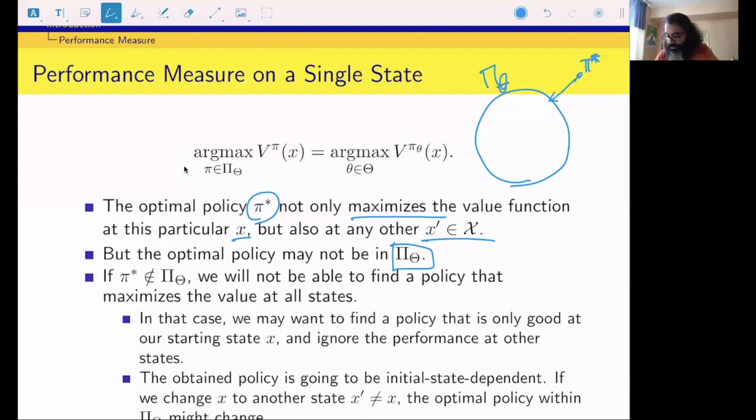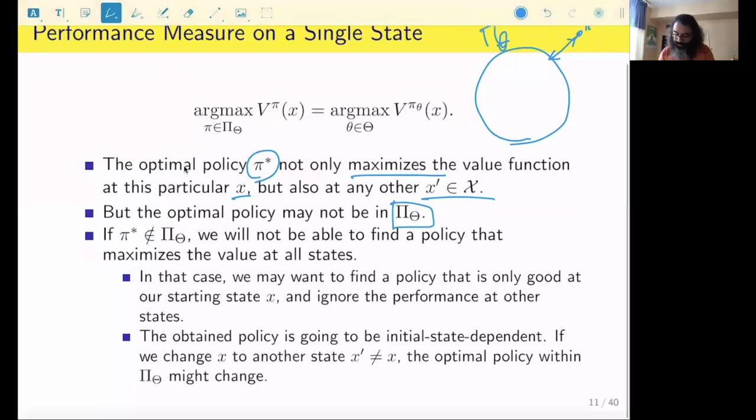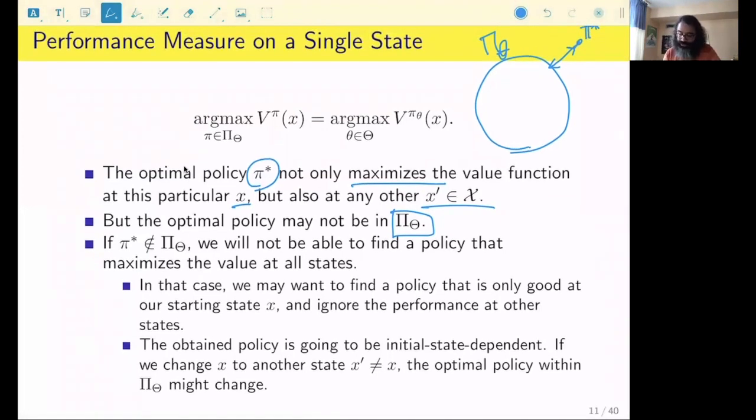So there's this approximation gap, or policy approximation error, that prevents us from representing the optimal policy exactly. So what happens in that case? If pi star does not belong to that policy space, like what I'm showing here, we may not find a policy that maximizes the value at all states.